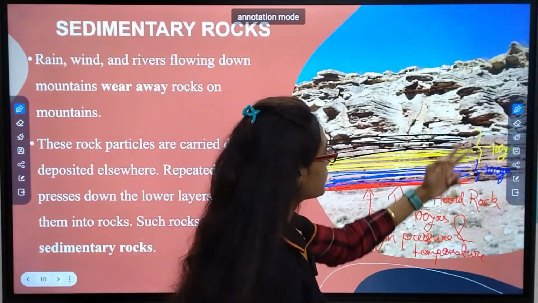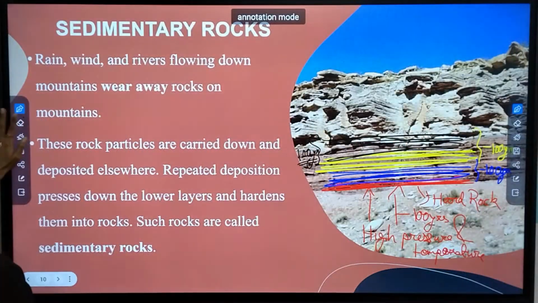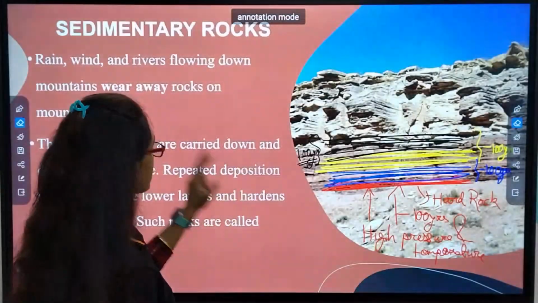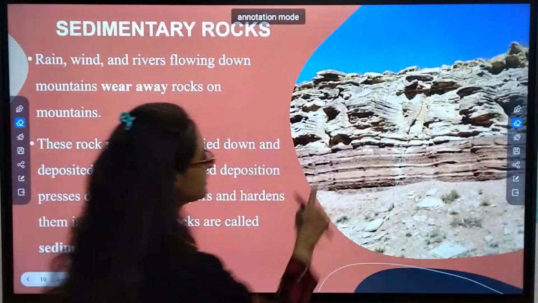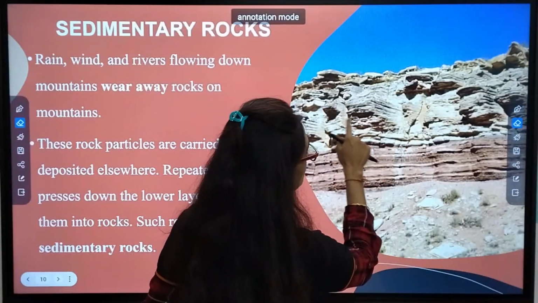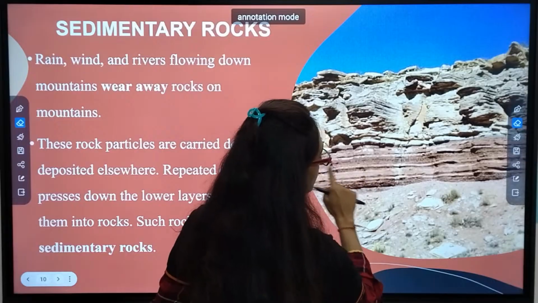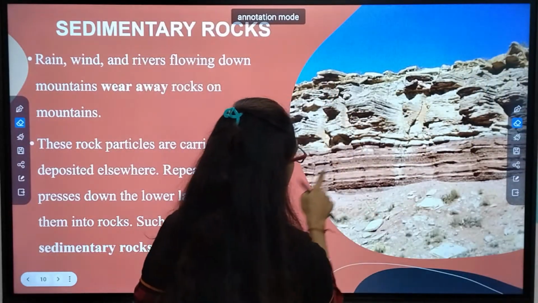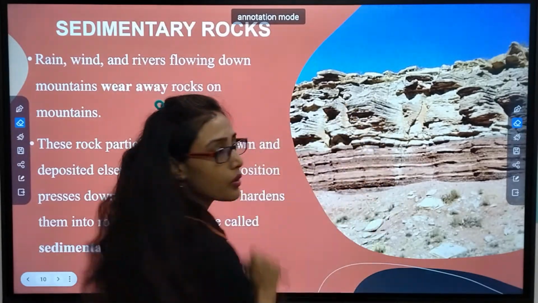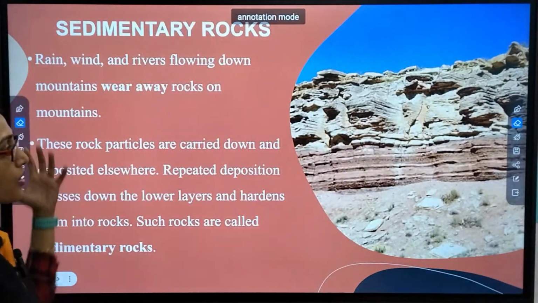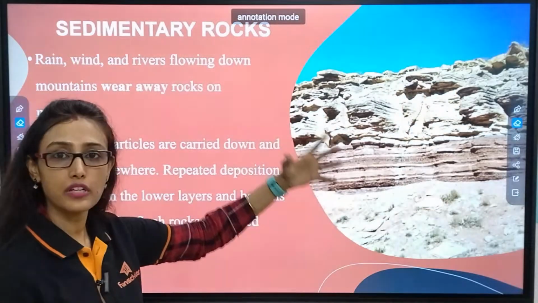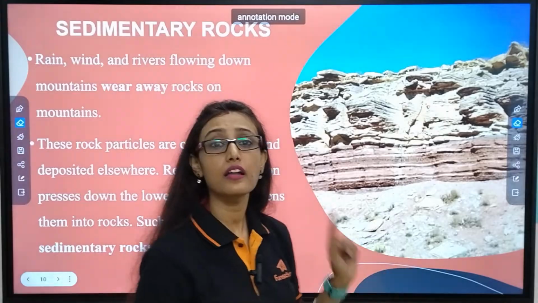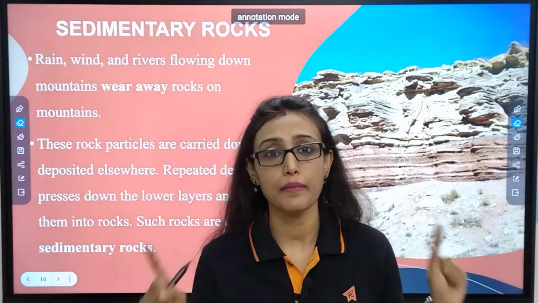They are also being eroded. That is why, in the picture you are seeing, the rocks are so uneven. Although they are formed in layers, the rocks are very uneven in structure.